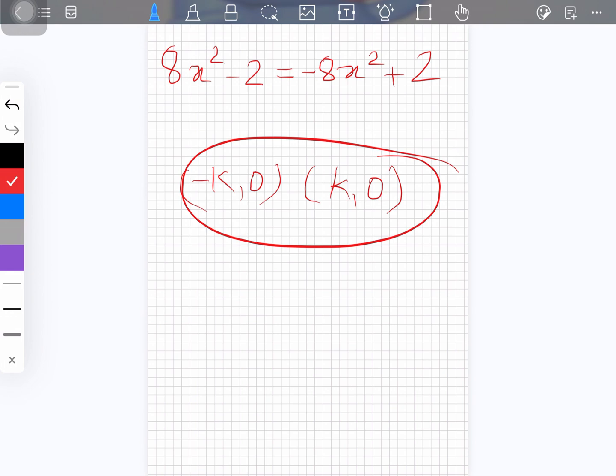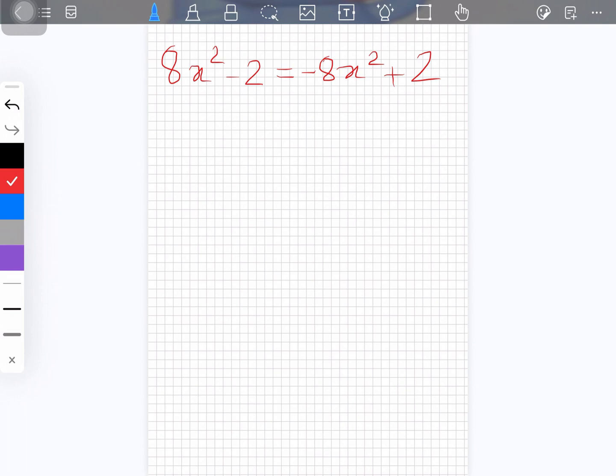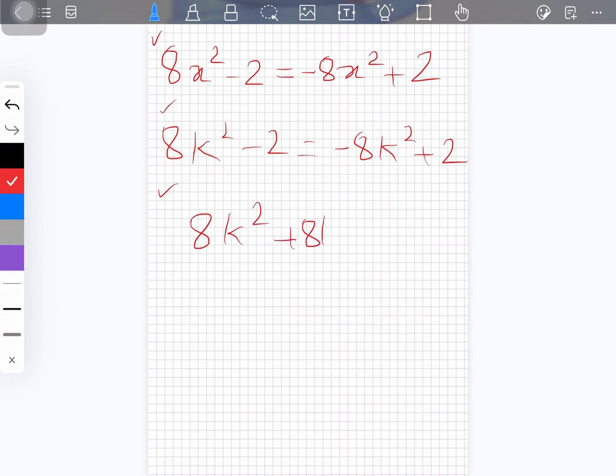So what we can do is, let's erase this, not necessary. And since k is the x coordinate, it'll get replaced in the x side. So 8k square plus 8k square is equal to 4, you know.